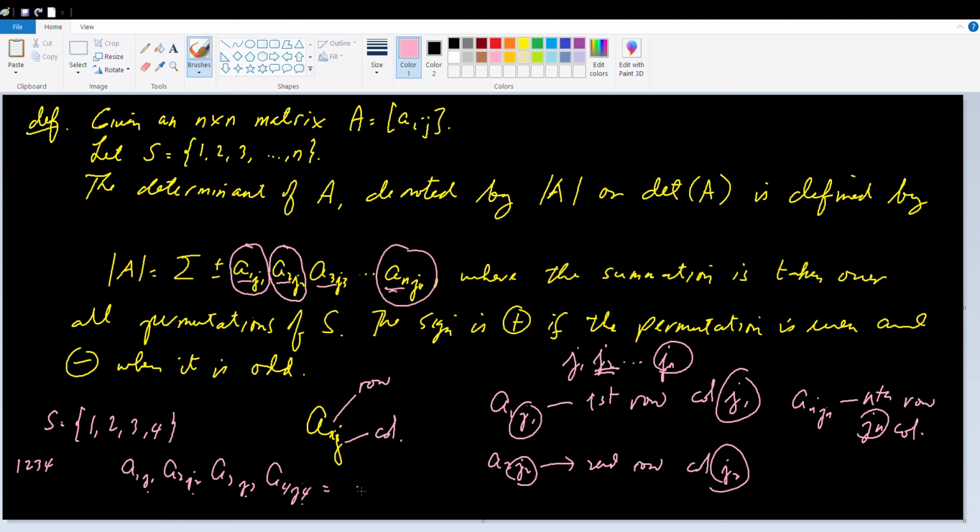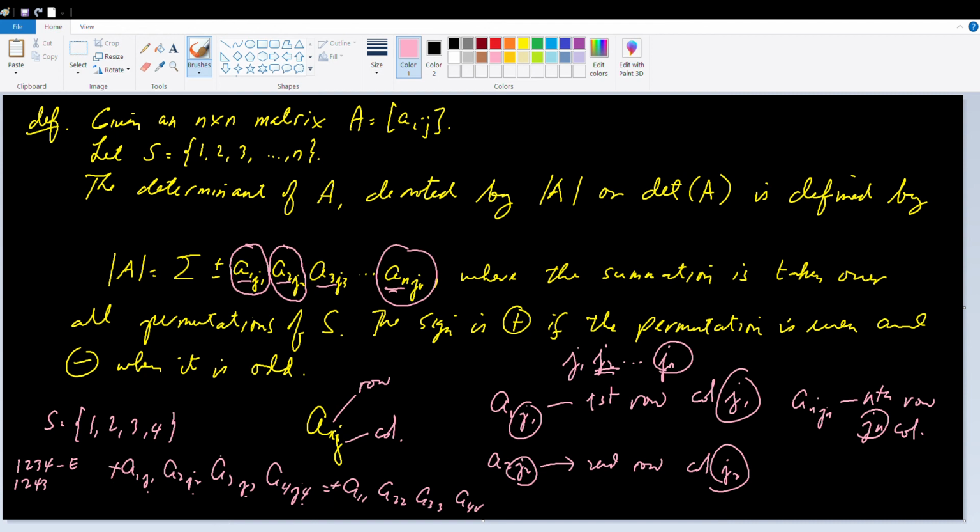So that becomes A11, A22, A33, and A44. By the way, the permutation 1, 2, 3, 4 is an even permutation, so it must be preceded by a positive sign.